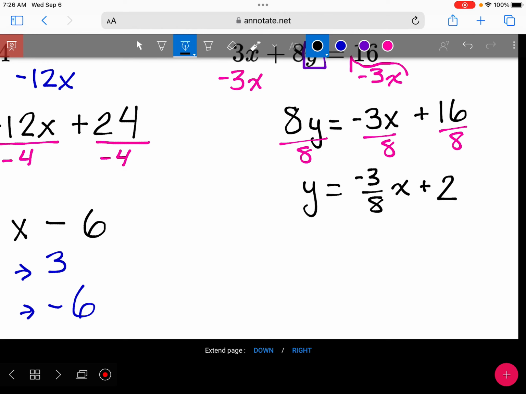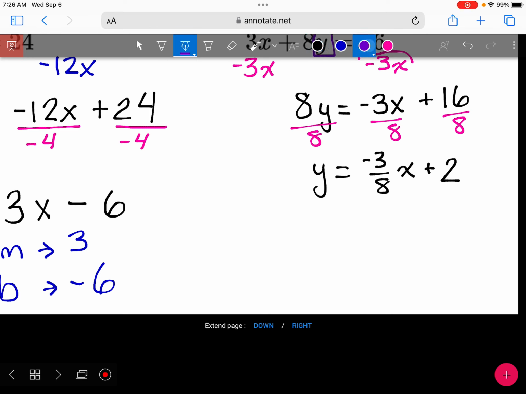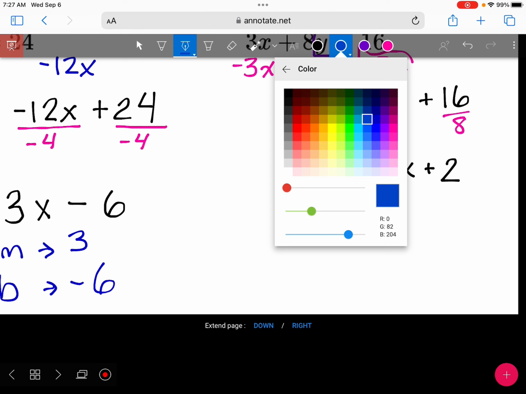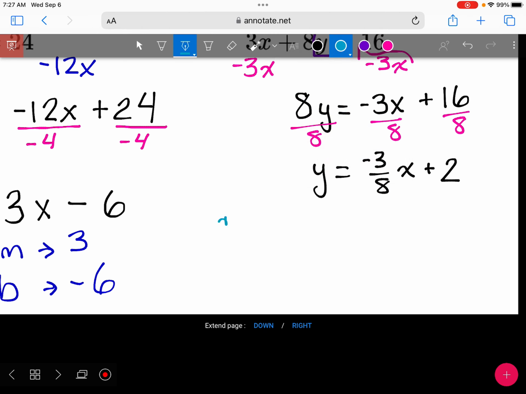I do recommend leaving these in fraction form. Don't switch them over to decimals in slope-intercept form. So then let's answer the questions we were asked. What is our slope? Yeah, our slope, that m, is -3 over 8.